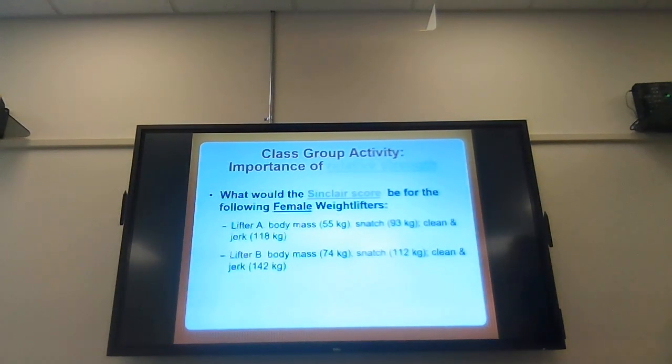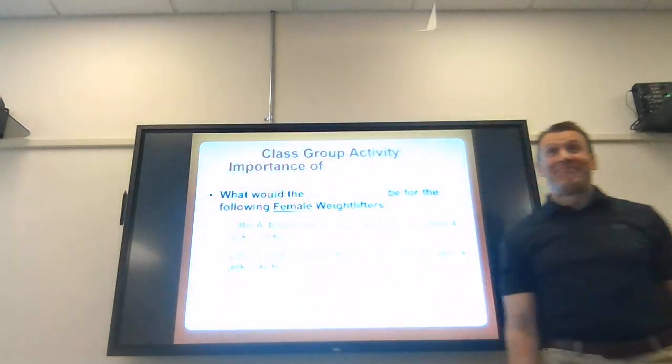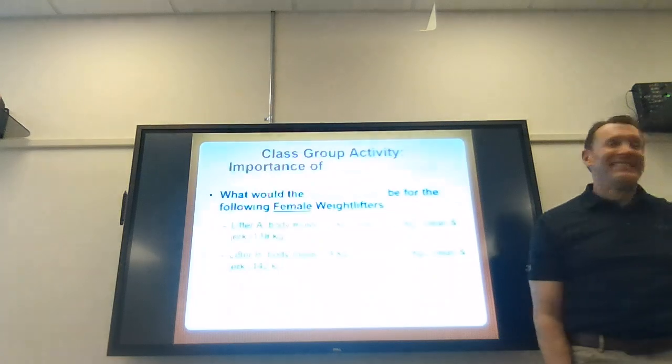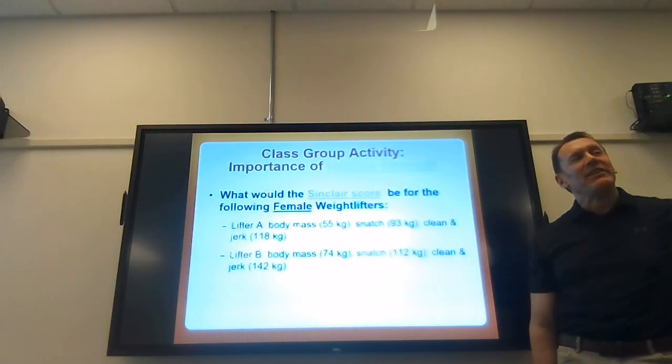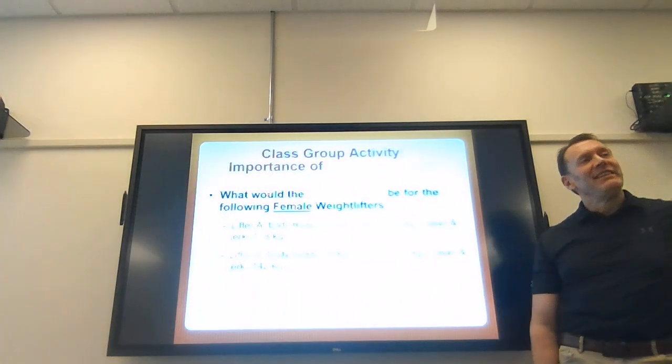Anybody know yet who's better, lifter A or lifter B? What was their Sinclair? You get like 327. What do you get for lifter B?